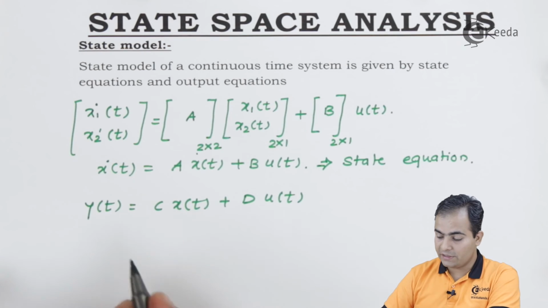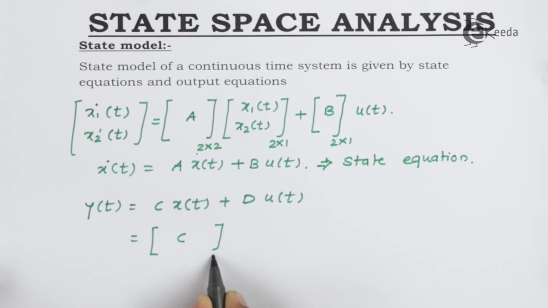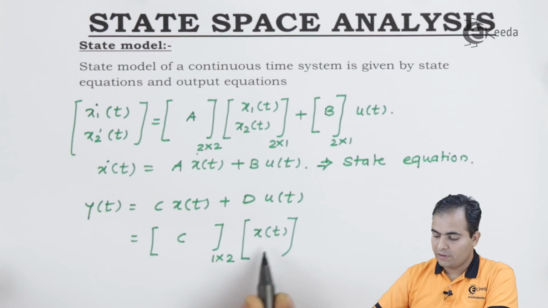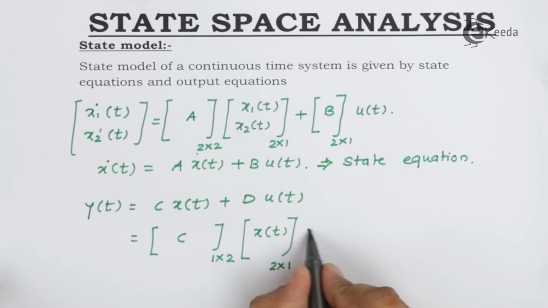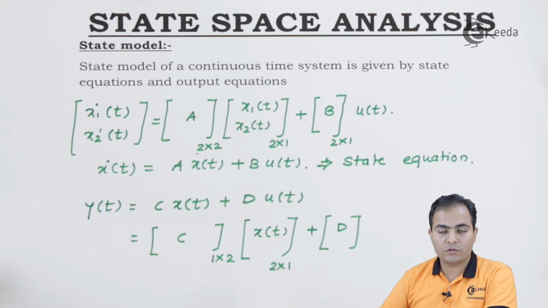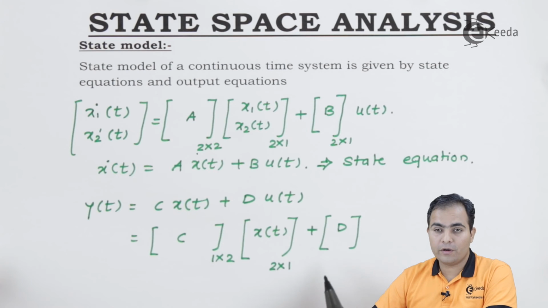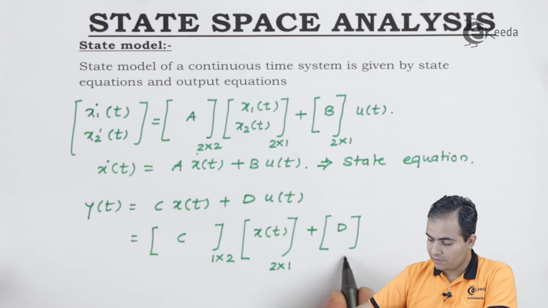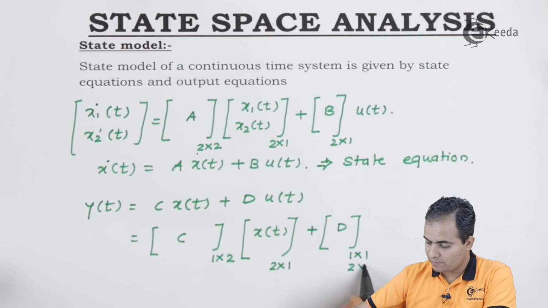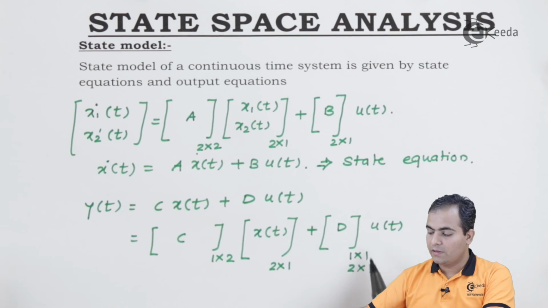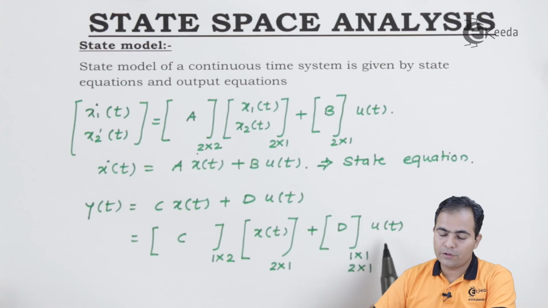Now in case of C, it has 1 cross 2 elements. Now x of t has 2 cross 1 elements. For 2 state variables, the value of D may or may not have 1 cross 1 element, or else maybe it will have a 2 cross 1 element, and our state input is u of t.